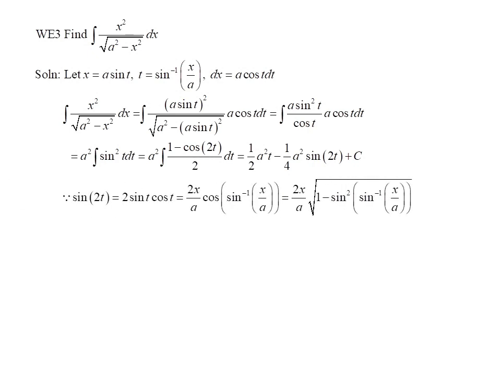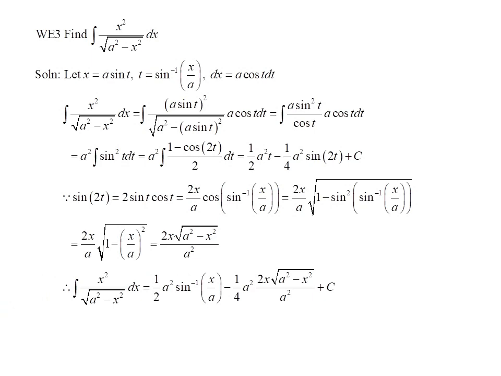Since sine 2t can be written as 2 sine t cos t, which equals 2x over a multiplied by cos arcsine of x over a, which can be further simplified to 2x times the square root of a squared minus x squared over a squared.